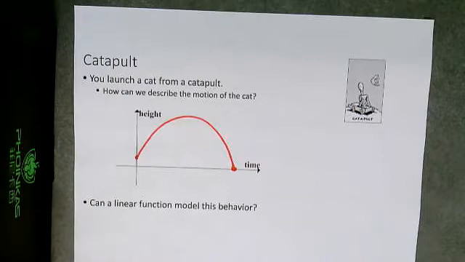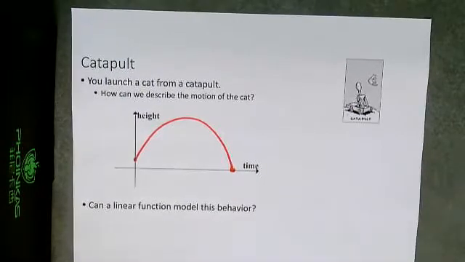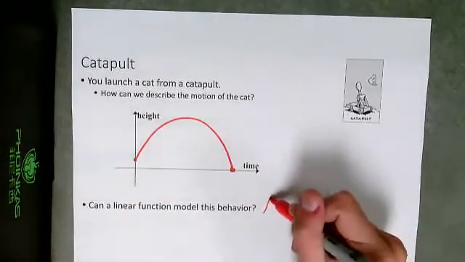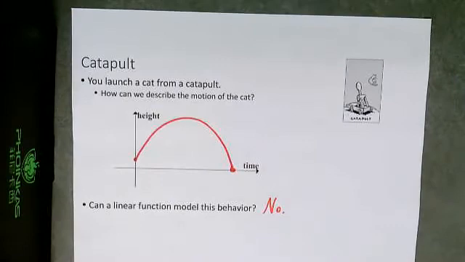That's how we can describe the motion of the cat, right? And this cannot be modeled by a linear function. Obviously, this is not a line. But let's still have this endeavor of trying to describe the motion of a cat if we launch it from a catapult. Well, if we really want to do that, we need to investigate some stuff on quadratic functions.